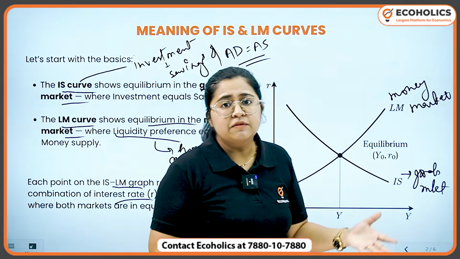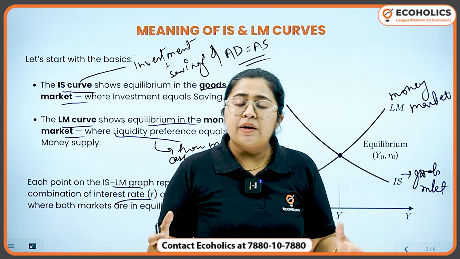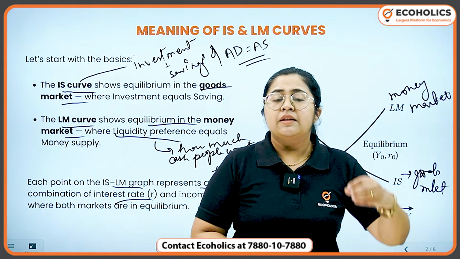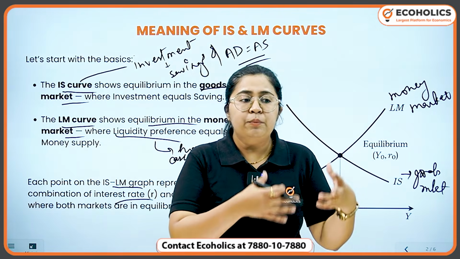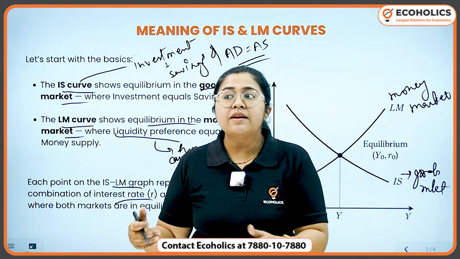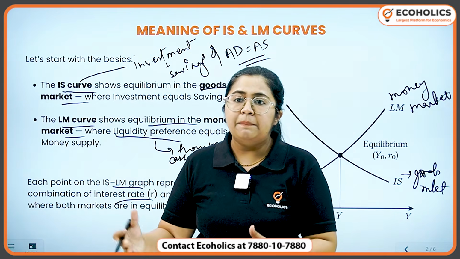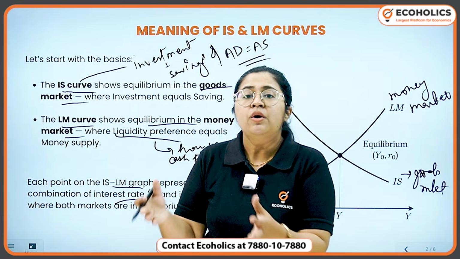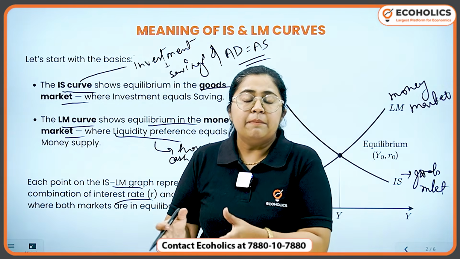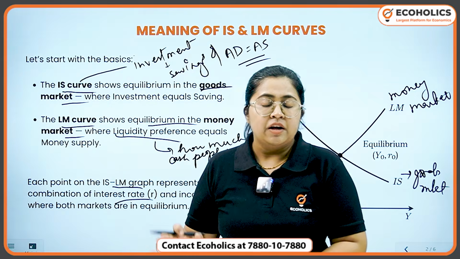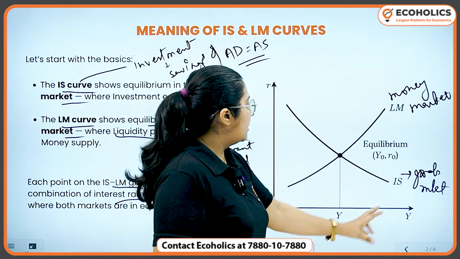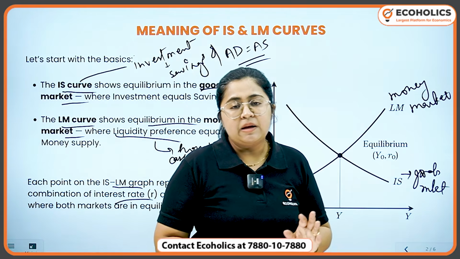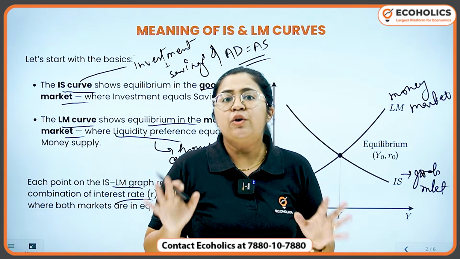The IS and LM curves showcase how much the firms want to produce, what the liquidity preference of people is, how much people want to save, and how much they want to hold their money in liquid form, okay. So this equilibrium is very, very important in macroeconomics.